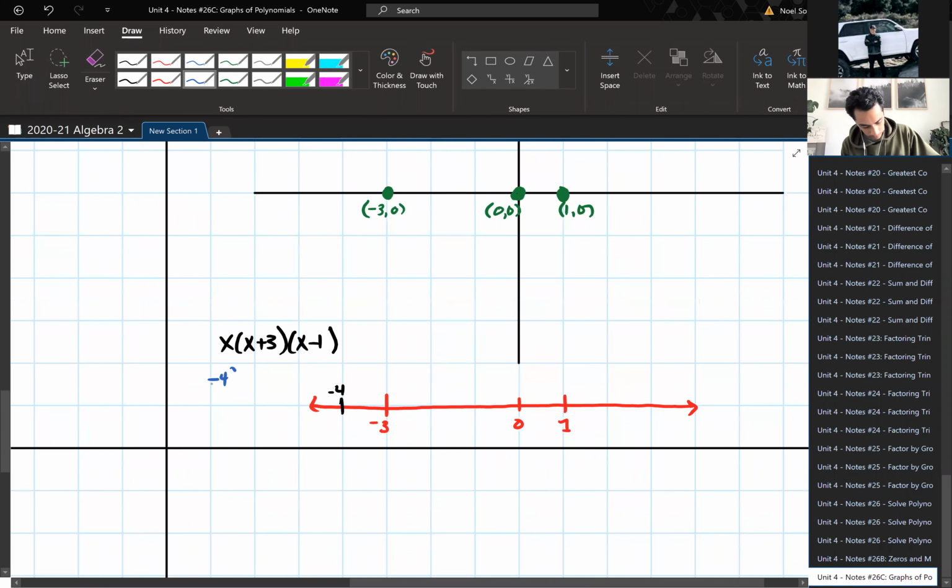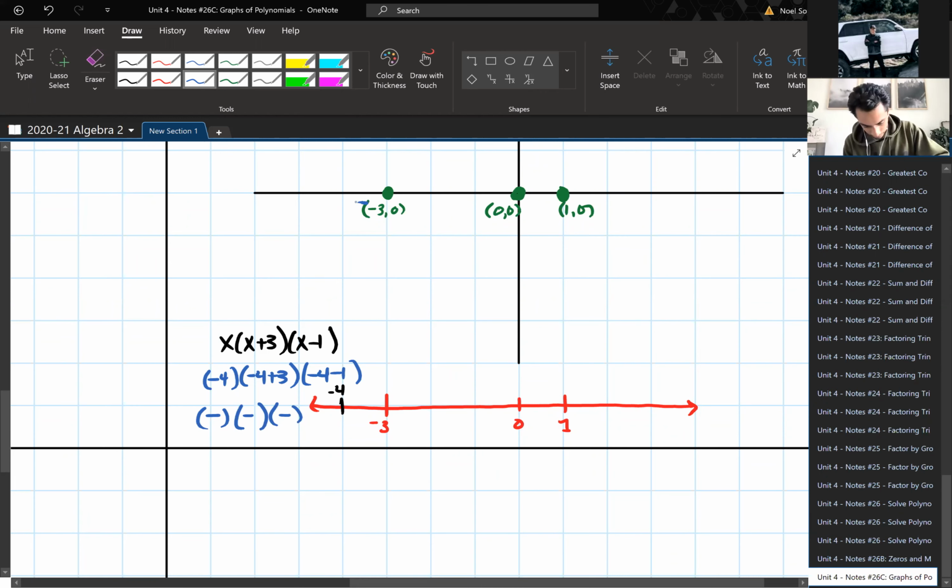Well, that would be -4 plus 3, -4 minus 1. Well, -4 is negative. -4 plus 3 is also negative. And -4 minus 1 is also negative, right? So I only care about the signs, right? What are the signs? So in this case, it's negative times negative, which is positive, times negative again.